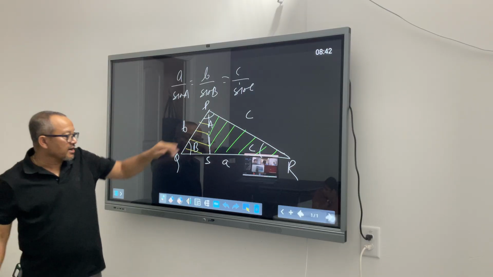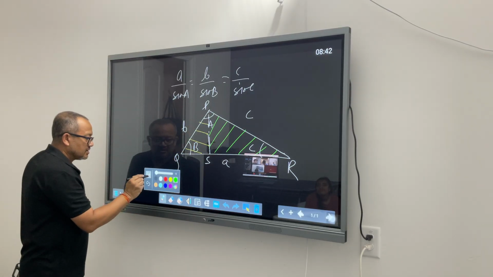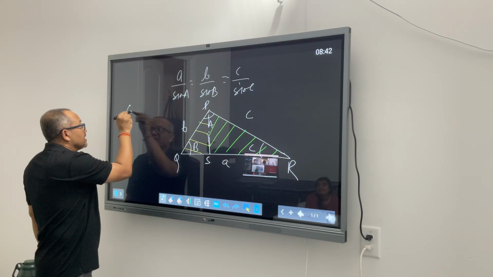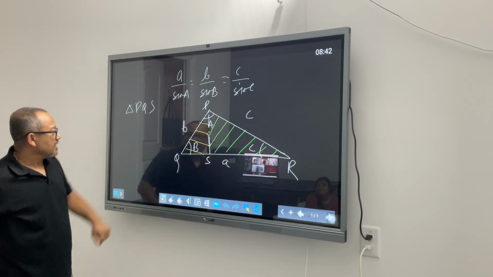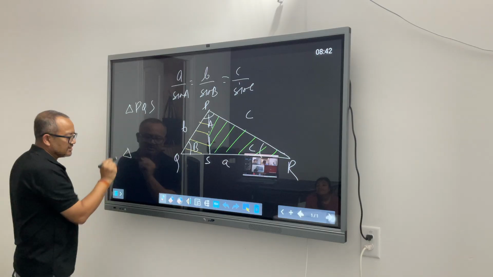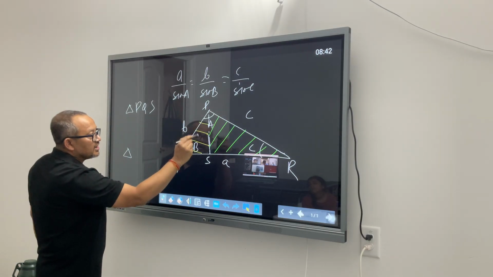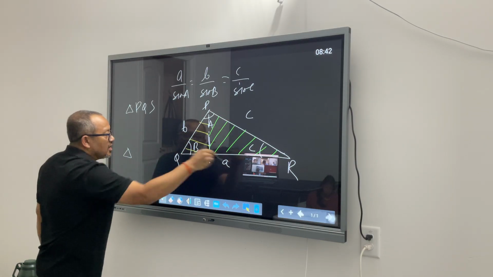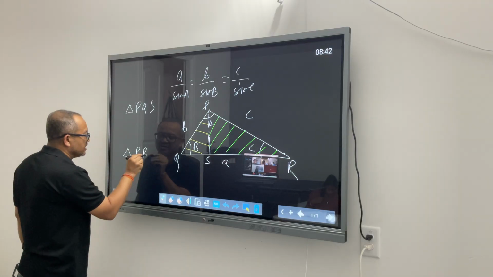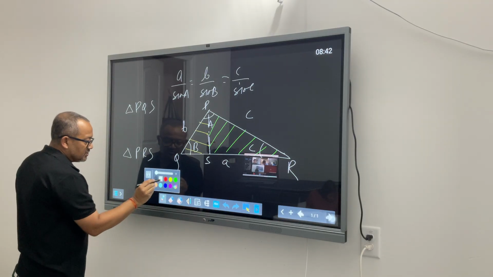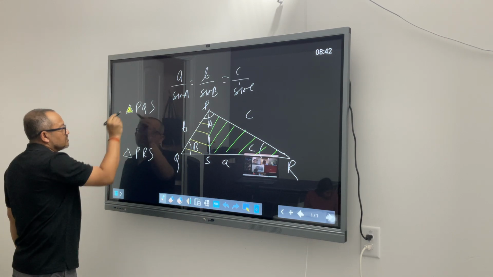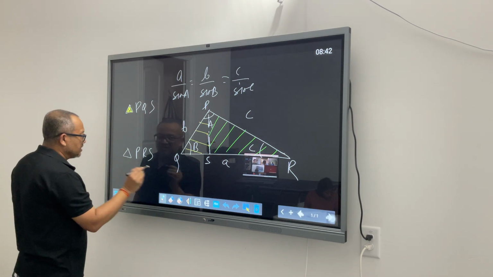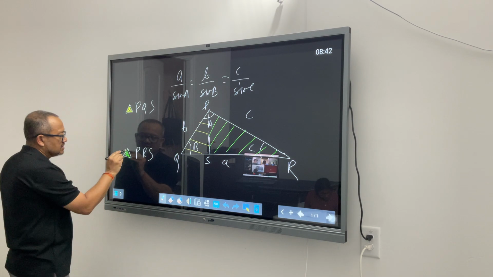Yellow triangle is triangle PQS, and the green triangle is PRS. If you guys need more color coding, this is what it is. The green one is this one.